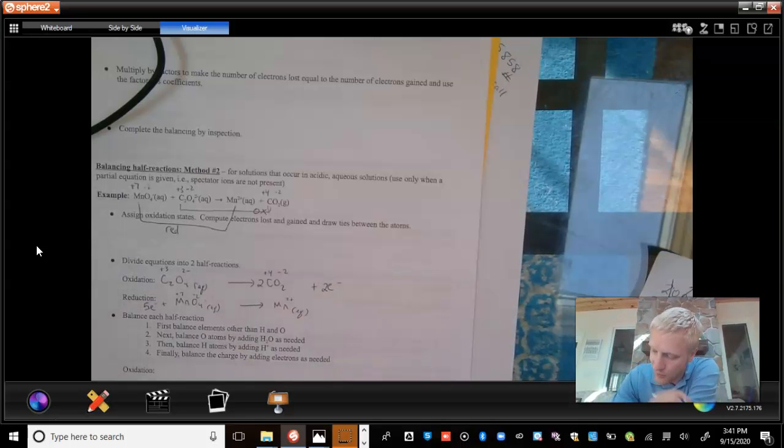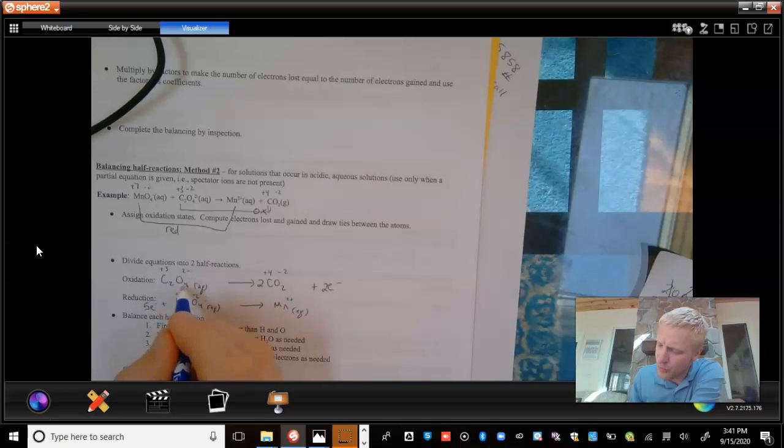Alright, so now we go to step 2. Next, balance oxygen atoms by adding H2O as needed. Here there are 4 oxygens, and here there's 2 times 2, 4 oxygens. So it's fine over there.